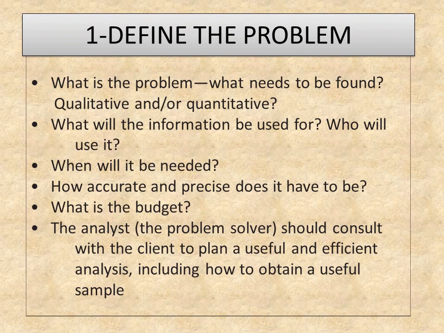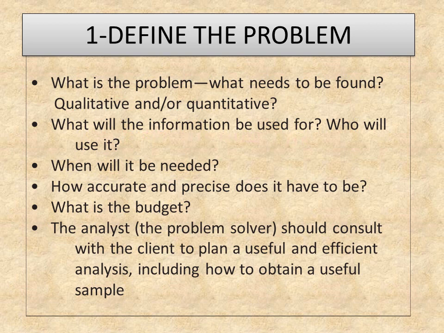And here is the first step of an analytical process, and that is to define the problem. And here are different factors. What is the problem? And what needs to be found, meaning what we want to extract through the solution, whether we want to get some qualitative or quantitative information. Then, what will the information be used for?